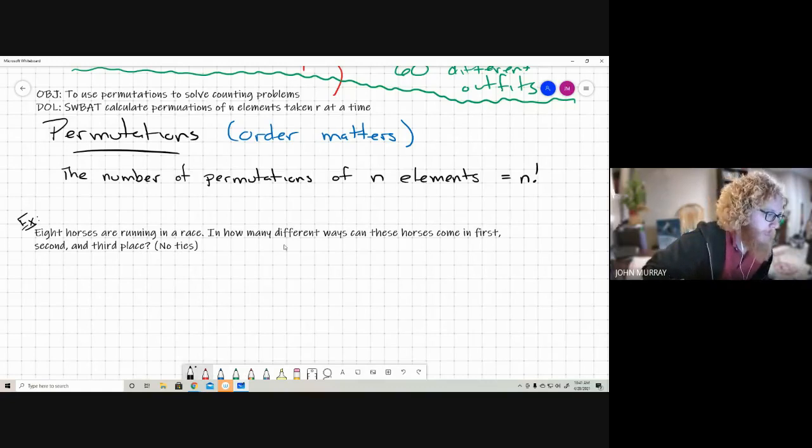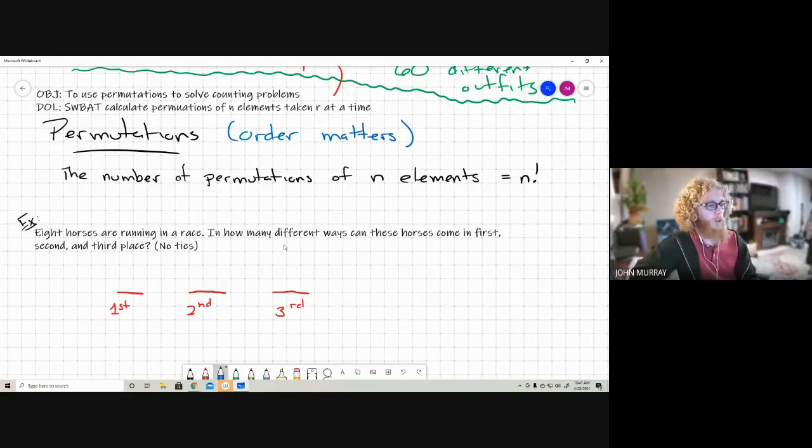So let's set it up like we did yesterday. I'm going to have 3 blank spots. This is going to be first, this is going to be second, and this is going to be third. For first place, all 8 horses have a chance of getting first place, so there are 8 possibilities.